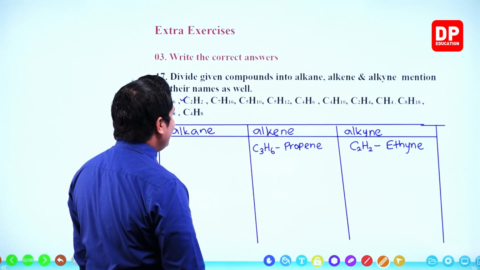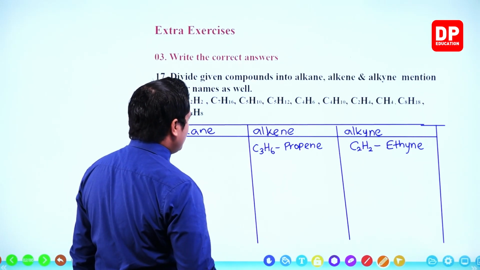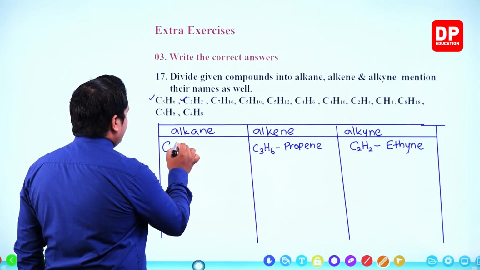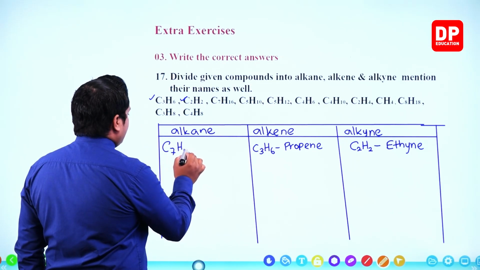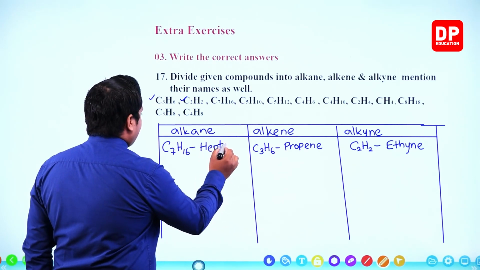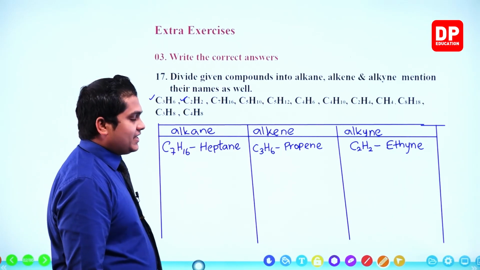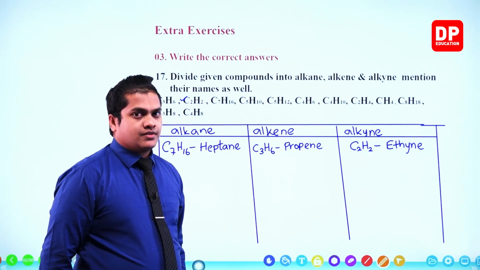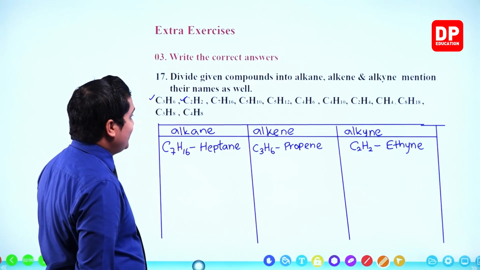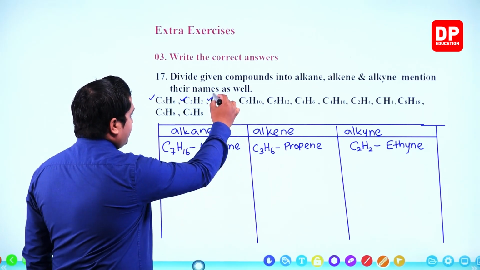Third one, C7H16. 7 times 2, 14. 14 plus 2, 16. So it is an alkane. C7H16. This is called as heptane. After hexane, heptane, my dear children. Carbon 7, hydrogen 16, heptane. C5H10.